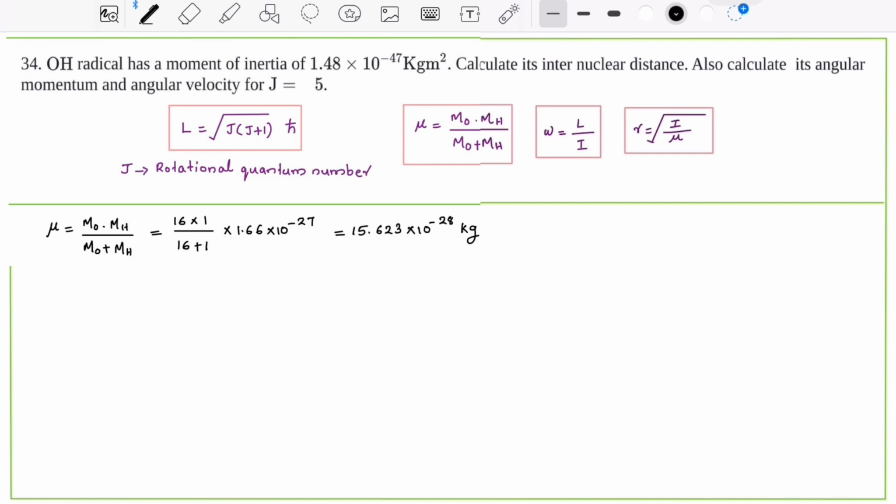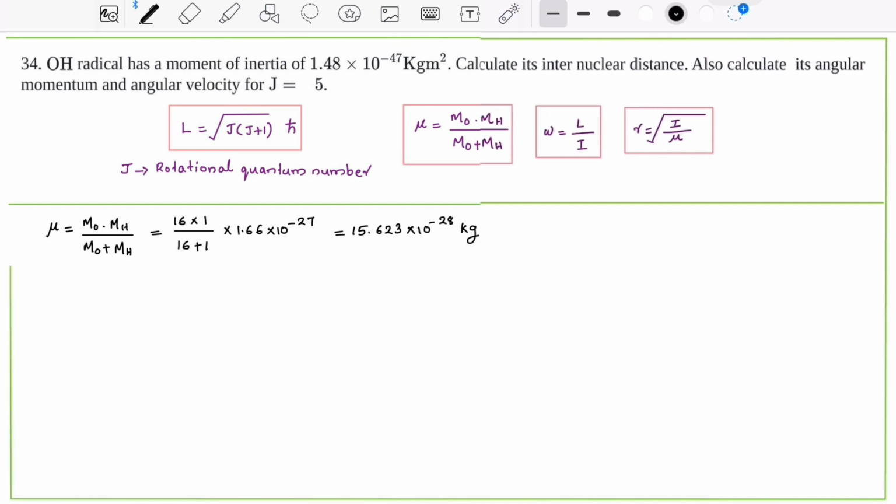If J is the rotational quantum number, then angular momentum L is given by root of J into J plus 1 h bar. What is the reduced mass here? It is mass of oxygen into mass of hydrogen divided by mass of oxygen plus mass of hydrogen.